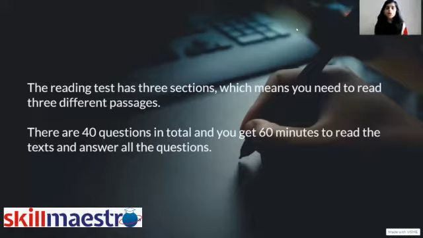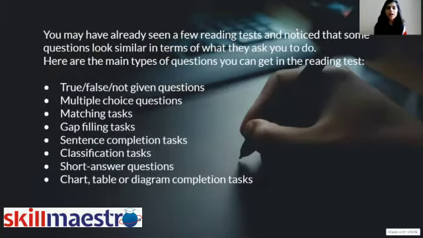answers. So all those who are aware of the test and the pattern, you guys would have noticed that there are certain types of questions. Whoever has already seen the test might have noticed that these type of questions are generally asked, which is true, false, not given.